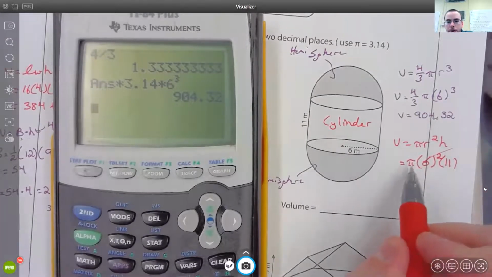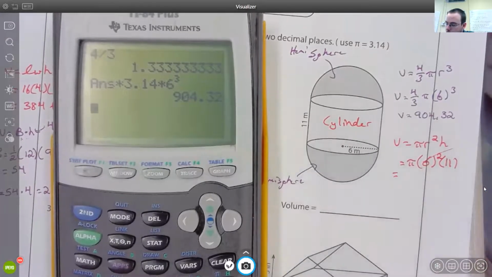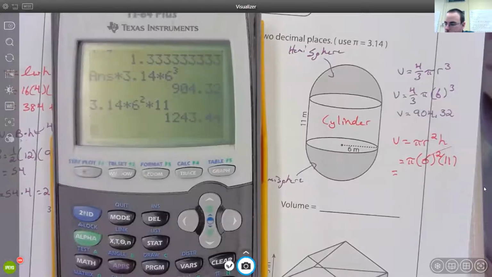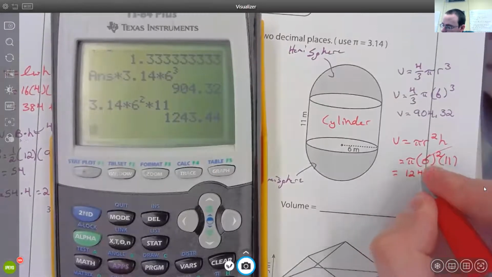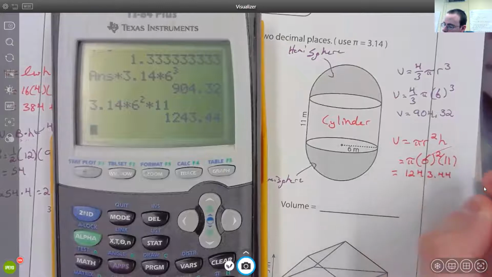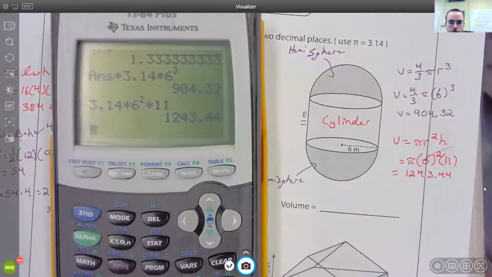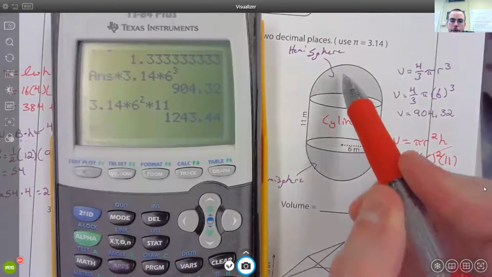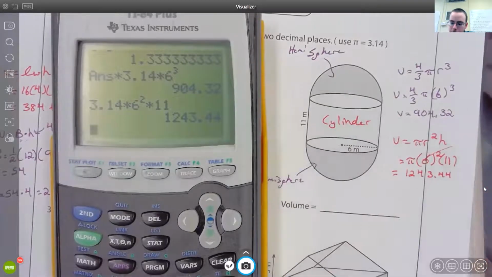We use 3.14 for pi, so 3.14 times 6 squared times 11, and that gives us 1,243.44 meters cubed.